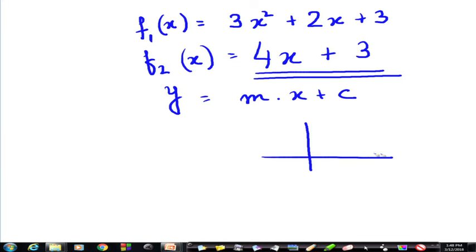This is linear, and this one is not linear, this is quadratic. Different functions can be written as a polynomial, and when the polynomial is equated to 0, it becomes an equation and we want to solve that equation.